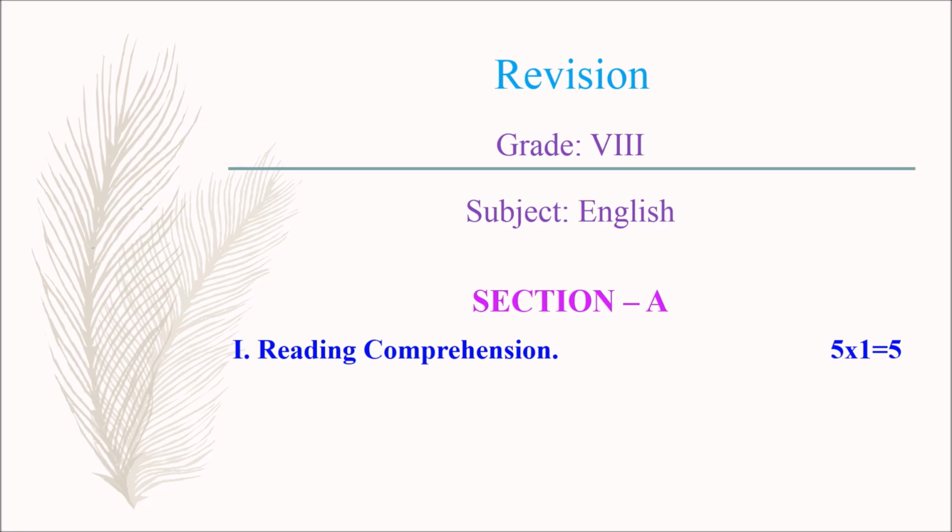Next, you have to read the questions and answer the questions from the given passage. In reading comprehension, you will get 5 questions. In that, each question carries 1 mark. So totally 5 marks for reading comprehension.